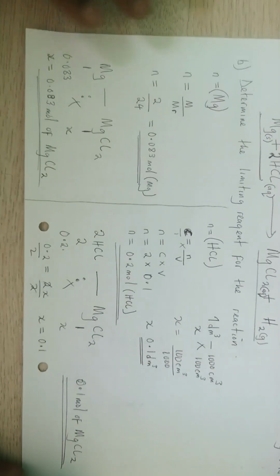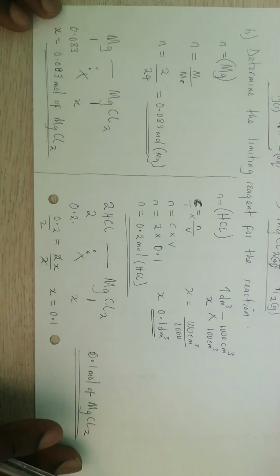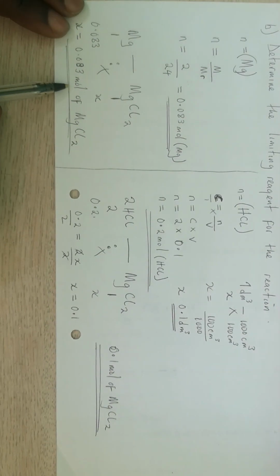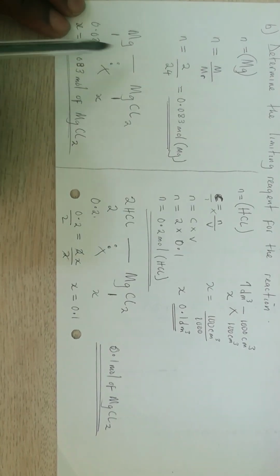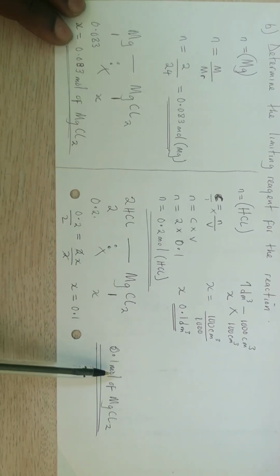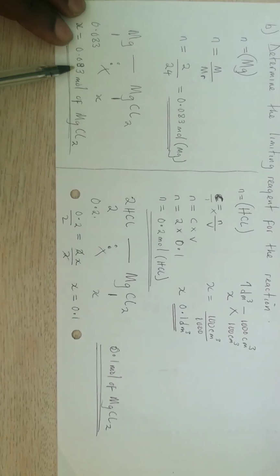So now, when you compare these two calculated moles of product, which one is less, which one is greater? You can see that magnesium produces a lesser number of moles of product, because this is 0.083 and this is 0.1. So this is greater than this.